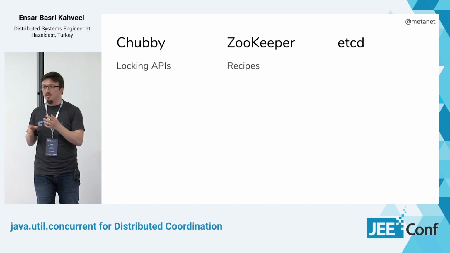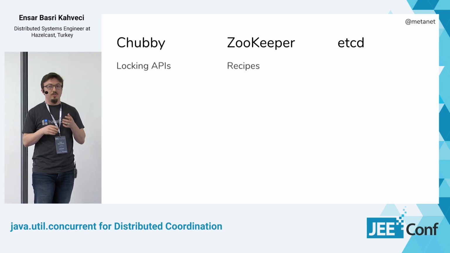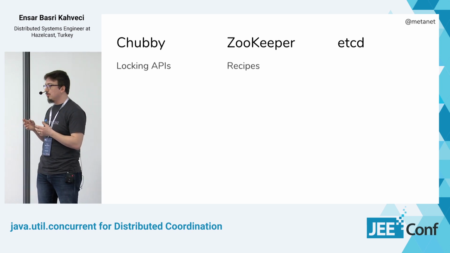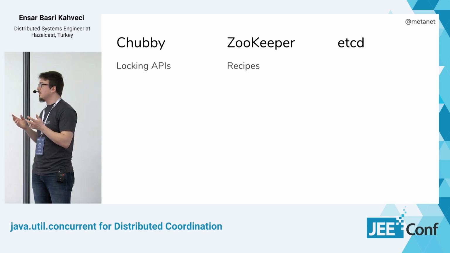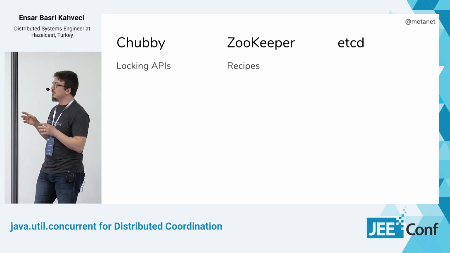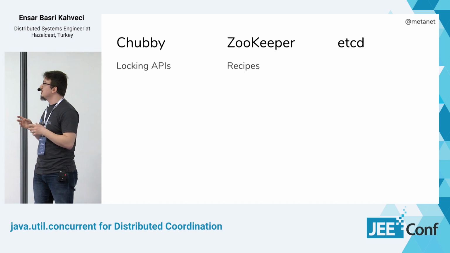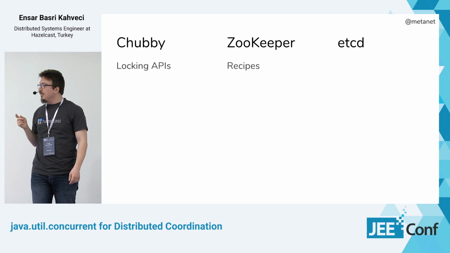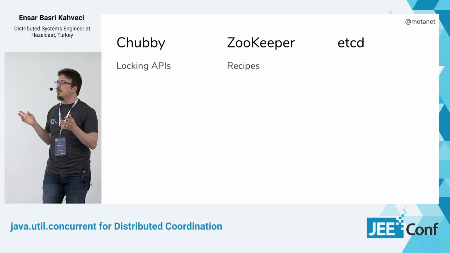And the paper says that having an explicit locking API is very useful because application developers are usually familiar with how to use locks, even though they may not be aware of all the complexities of distributed systems. On the other hand, ZooKeeper does not offer any high-level API.